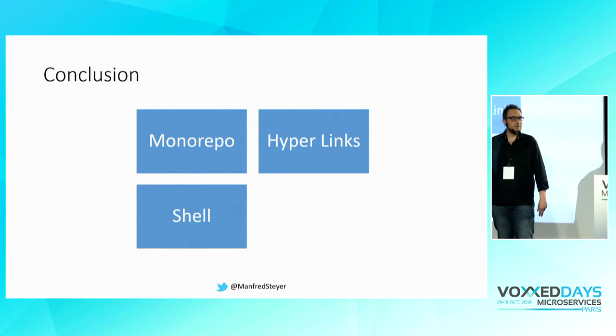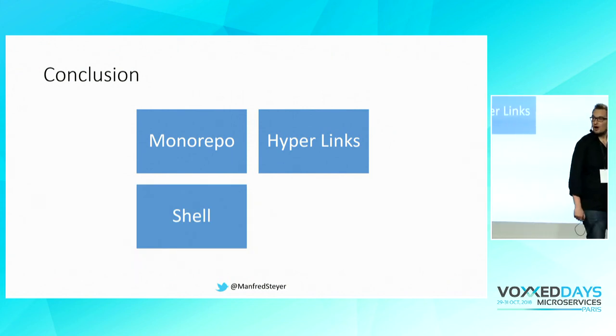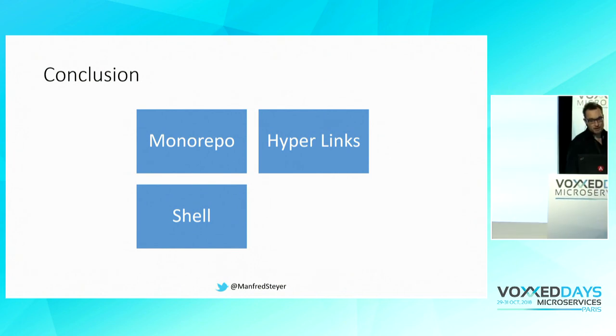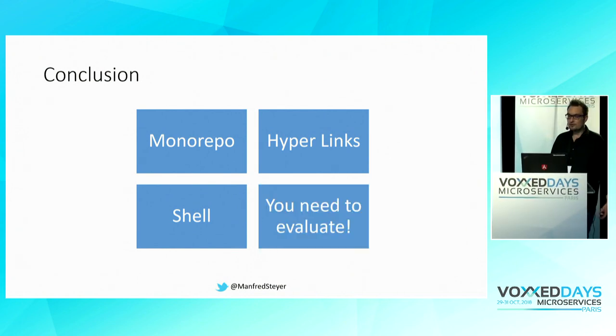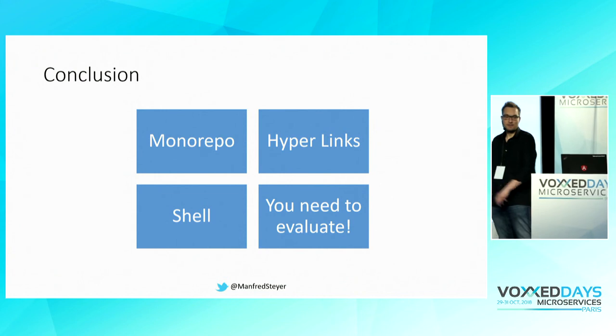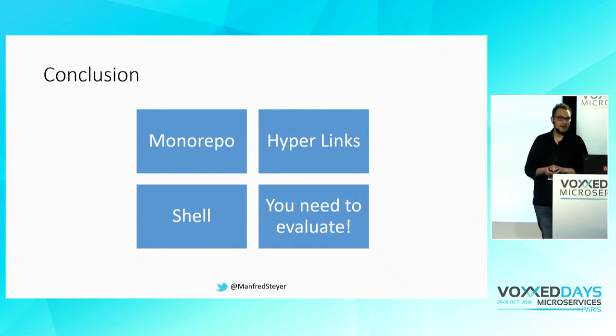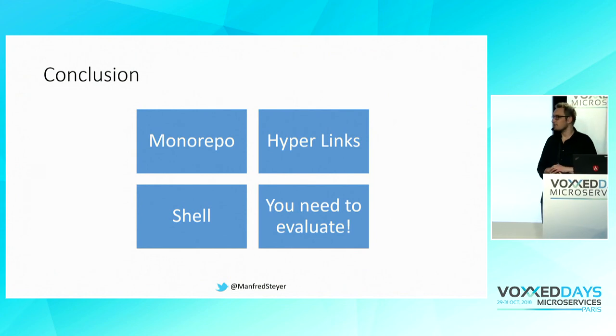And we talked about the shell architecture that loads all the applications on demand. And one big thing here is you need to evaluate all these candidates against your architectural goals. This is a hard task, a difficult task, but perhaps my decision tree helps a bit with this.